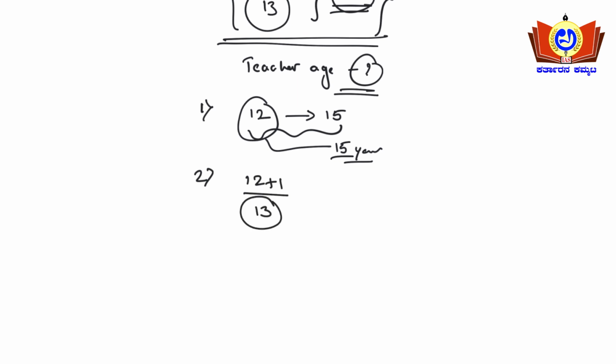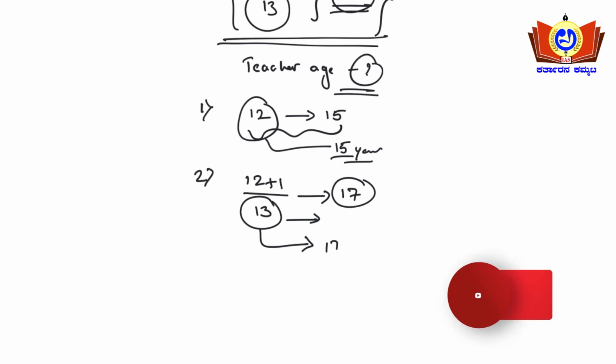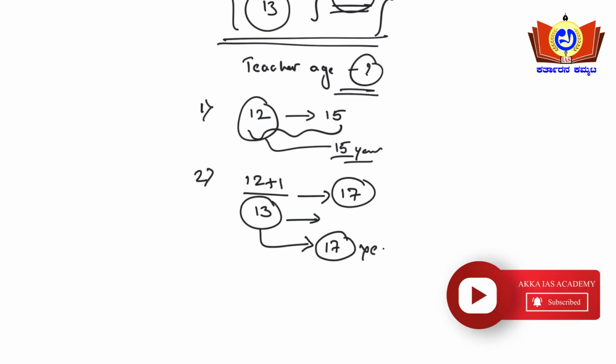There are 13 persons in the group, and the average increases by 2 years, so the new average will be 17. By equal distribution, each person in the group of 13 has the age of 17 years.